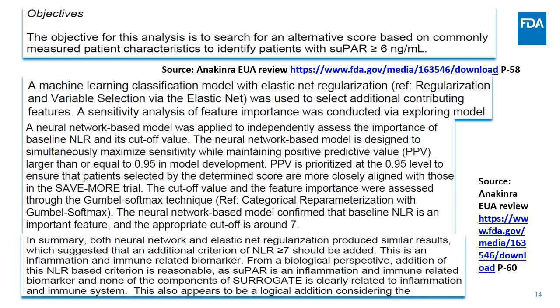In addition, a neural network-based model was used to independently assess the importance of the additional feature and its cutoff value. Both models suggest that additional criteria of neutrophil to lymphocyte ratio with a cutoff value greater than 7 should be included.